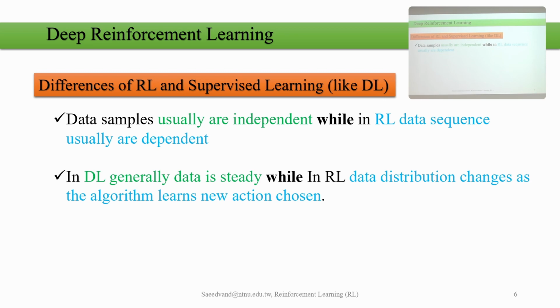On the other hand, we say data samples usually are independent in supervised learning. It means that in supervised learning, we have a bunch of pictures, like let's mention the YOLO algorithm. We have a bunch of image frames in which we need to detect some objects. YOLO is an image processing algorithm, for those who don't know. It detects different objects in the input picture, over 100 different objects at the same time, plus their location.